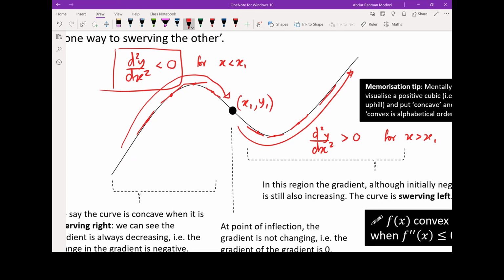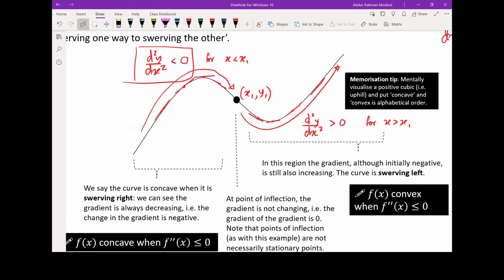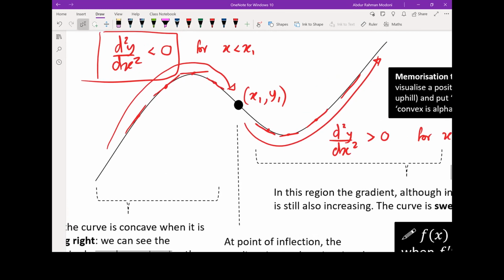Now, these sections where the second derivative is less than 0 and greater than 0, we give them a mathematical name for that part of the curve. So this part of the curve where it's less than 0 is called a concave. The curve is said to be concave for that part. And the curve for this part is said to be convex.